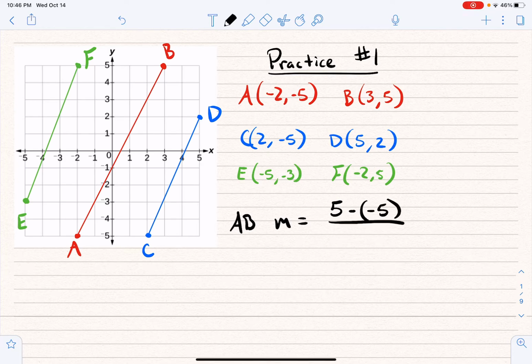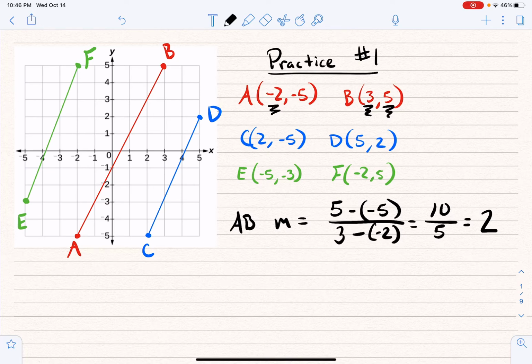Those are the difference of y values. And if I started with the 5 over here, I've got to start with the 3 for the x value on the bottom, minus this -2. So 5 minus a -5 is 10. It's like 5 plus 5. And 3 minus -2 is like 3 plus 2, so it's 5. So 10 over 5 is 2. That reduces to 2.